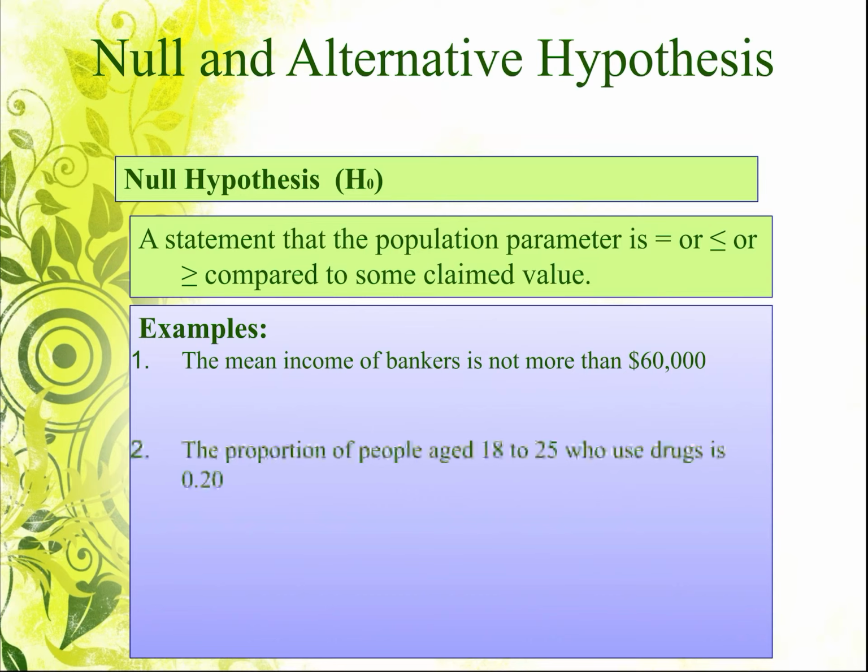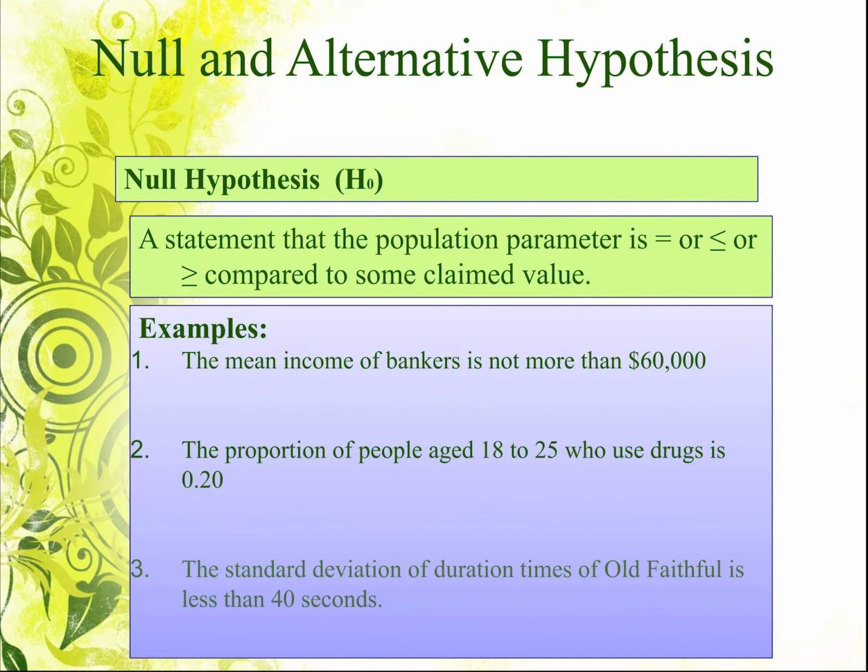So the mean income of bankers is not more than $60,000. Another one would be the proportion of people aged 18 to 25 who use drugs is 20% or 0.20. And the third one is the standard deviation of duration times of Old Faithful Geyser is less than 40 seconds.